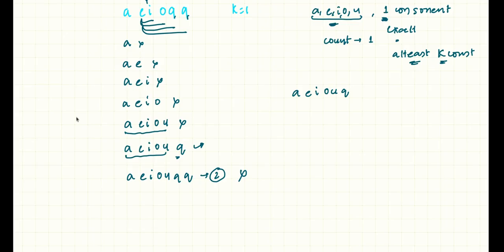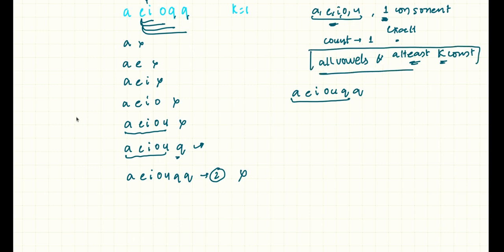The moment I have identified a substring which satisfies all vowels and at least k consonants, it satisfies this criteria: it has all vowels and one consonant. So the substrings I can form with this criteria is the length minus the index of the end of this particular substring. This would give you the substrings which satisfy this criteria.